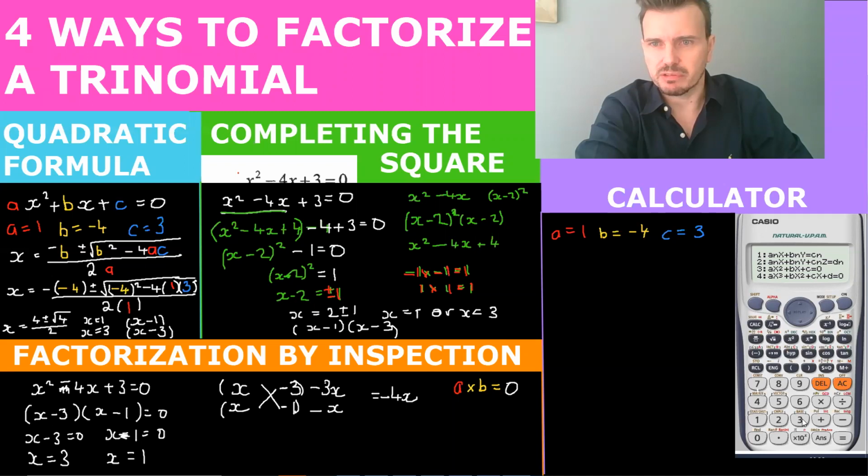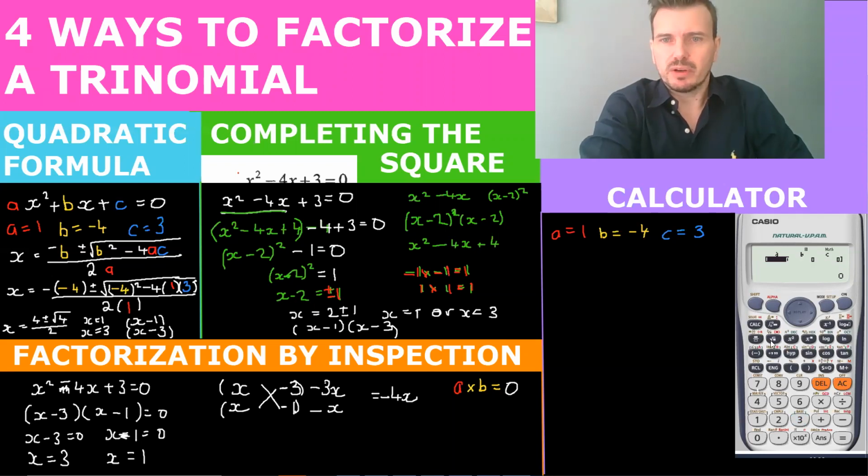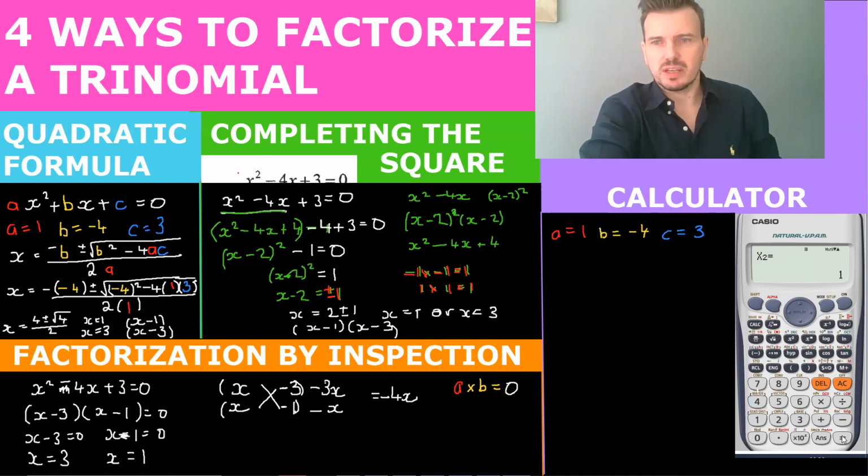So we're going to say 3. And we know now our a is 1, our b is minus 4, and our c is 3, equals. And now it's going to show you the first value of x is 3, which we got, and 1.